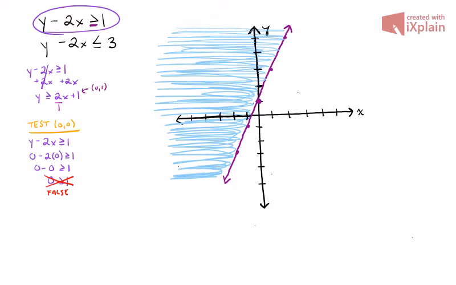Okay, so now we're going to repeat, and this time we're going to look at our second inequality in our system. So we have y minus 2x is less than or equal to 3. Again, I'm going to get that so that it's in slope-intercept form. So by adding 2x to both sides, I end up with y is less than or equal to 2x plus 3.